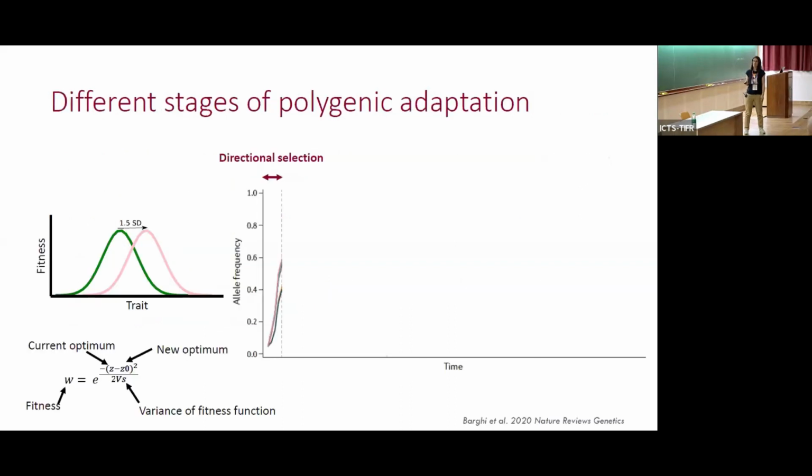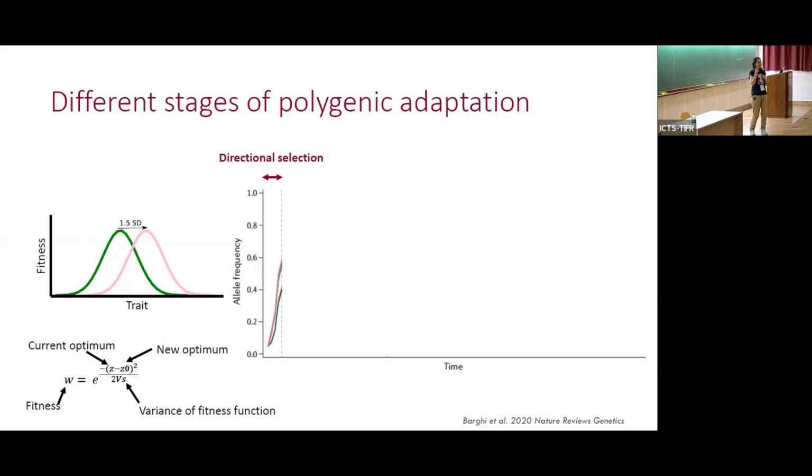So I think you've already heard me talk about fitness optimum or trait optimum several times, but it is very clear that in this data set, and also in a lot of experimental and natural populations, we have no information about what the selected trait is or how far the new trait optimum is.